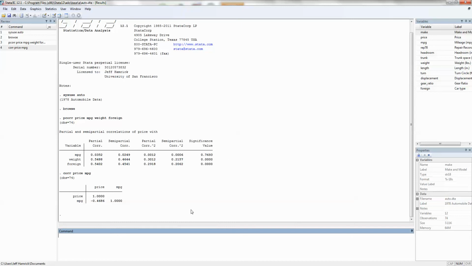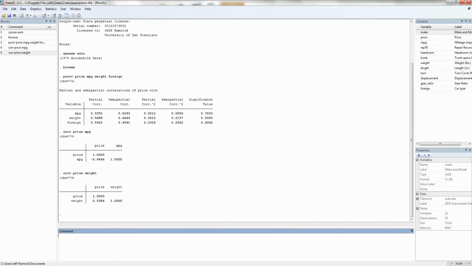If we consider instead the correlation between, let's say, price and weight, what do we find? The regular correlation coefficient between price and weight is 0.53. However, when we compute the partial correlation between price and weight, you'll notice that it's basically approximately the same thing as the regular correlation between price and weight.